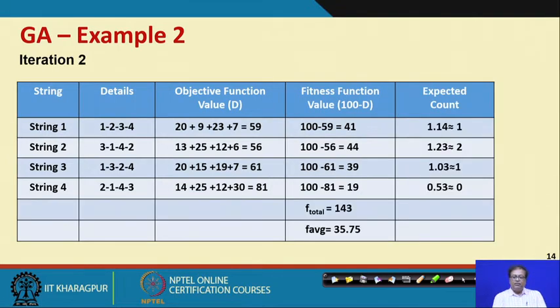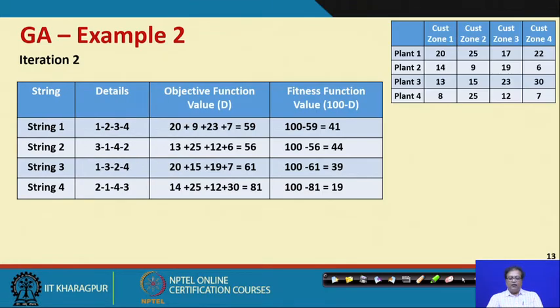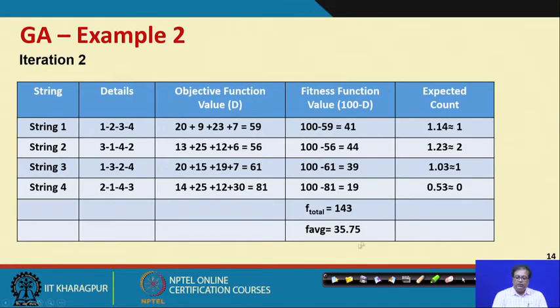Same thing is replicated once again, and look here, this time the F average is 35.75. Look what was in our earlier case, in the first generation it was 33.75. So, after crossover we found that when the new generation is obtained, it has a higher average fitness, right.